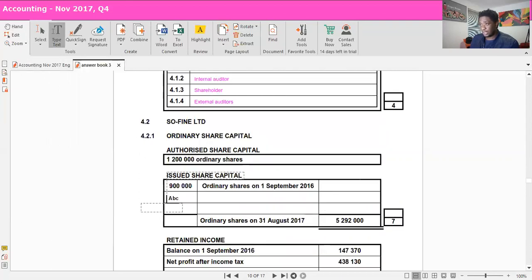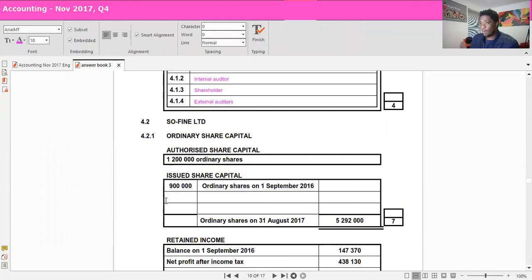So for the issued share capital, we have 150,000 ordinary shares, the transaction was on 1 May 2017, and the shares were issued at a price of R6.30 per share.